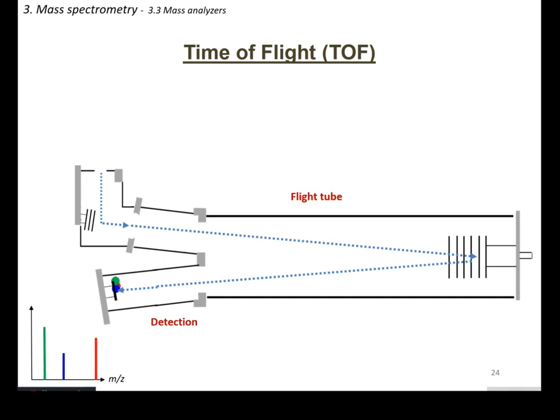This is what is measured here: we measure the time between the first pusher and the detector, and for each type of ion, it gives us the m/z ratio. When it's finished, it goes again to a new cycle of push, fly and detection. So the ion masses are deduced from their speed in the tube.